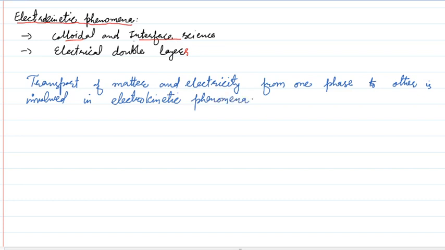To understand this, we will consider a system. Suppose this is a system, and it is made up of two compartments, or you can say two vessels, which are being separated here.